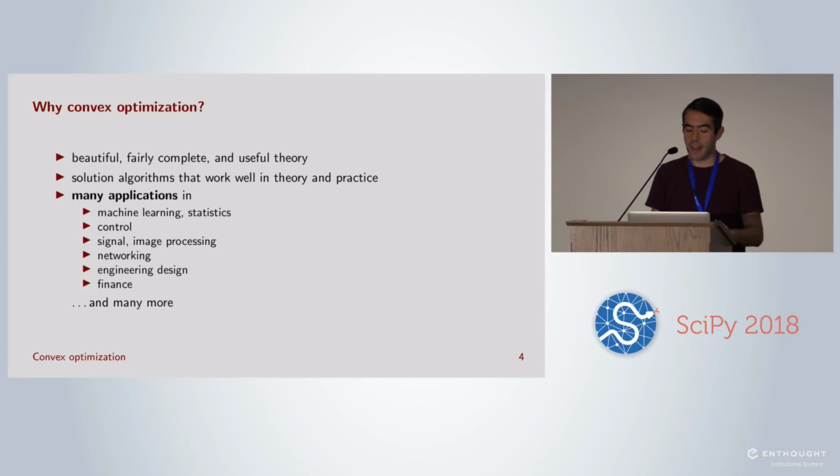One reason is that you have very elegant theory explaining how to analyze these problems, algorithms that can be used to solve them efficiently, how to guarantee that you've achieved the solution of the problem, how to analyze things like the sensitivity of the solution to the constraints and things like that.